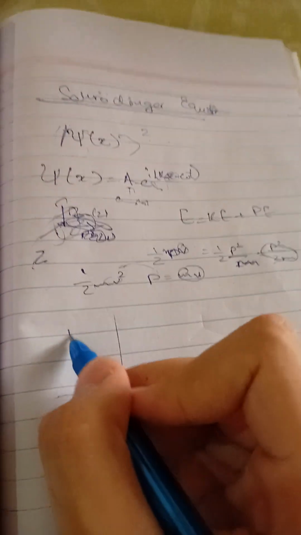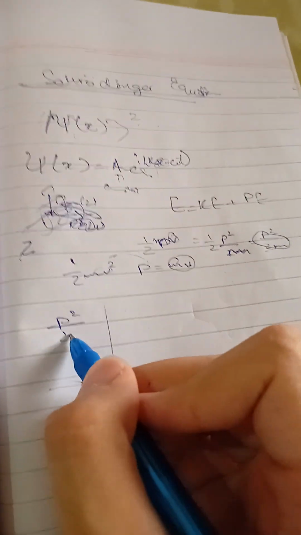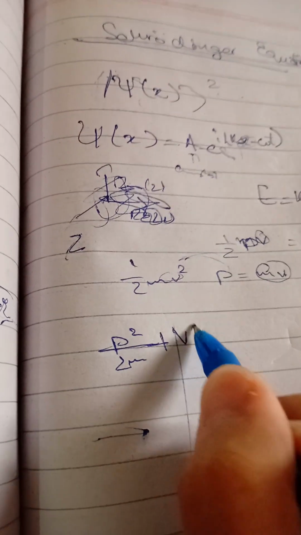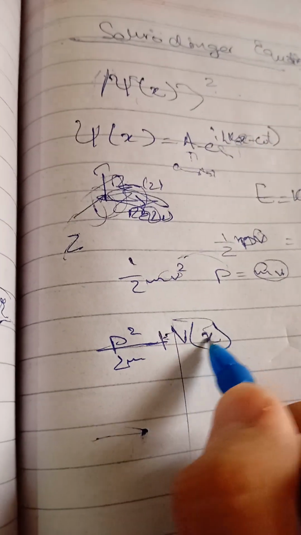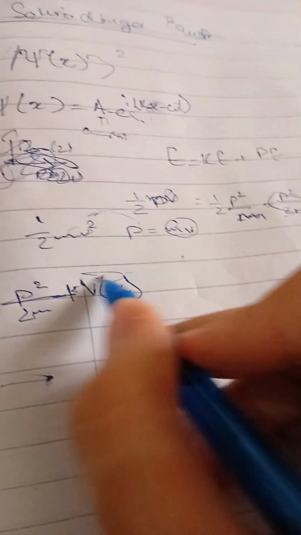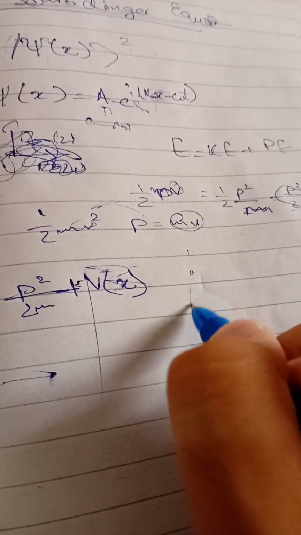So we can write the total energy as kinetic energy plus V of x, where V is the potential relative to a field.